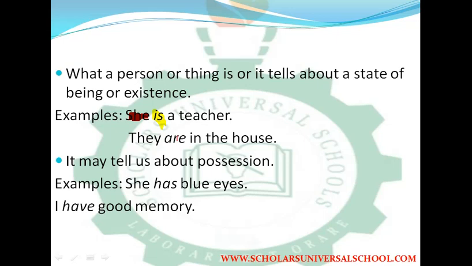Now the next example is they are in the house. They are in the house. You can see, what is our verb there? Our verb there is are, which is what? A primary auxiliary verb.